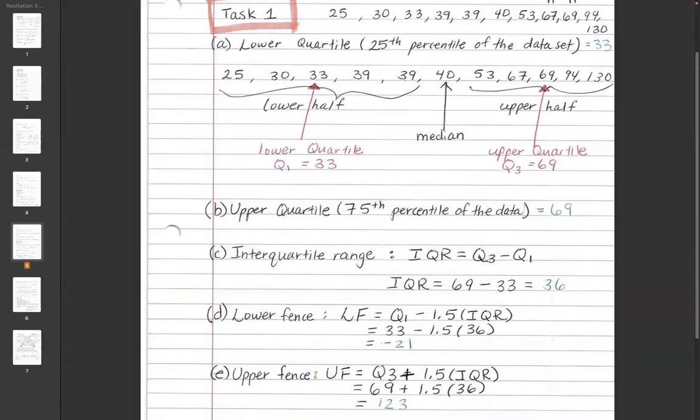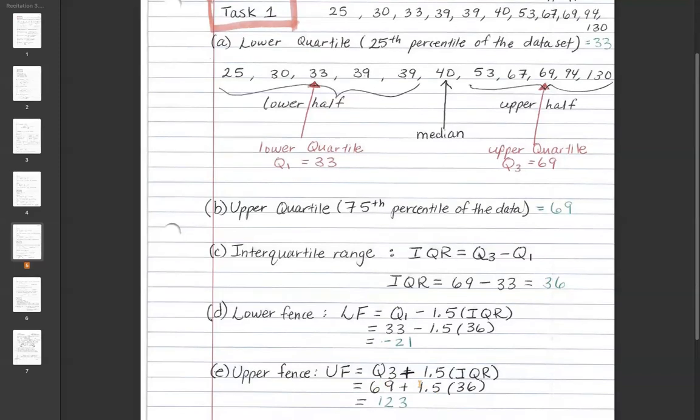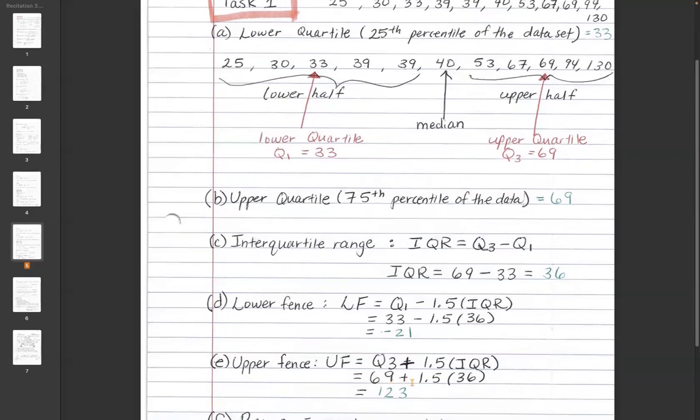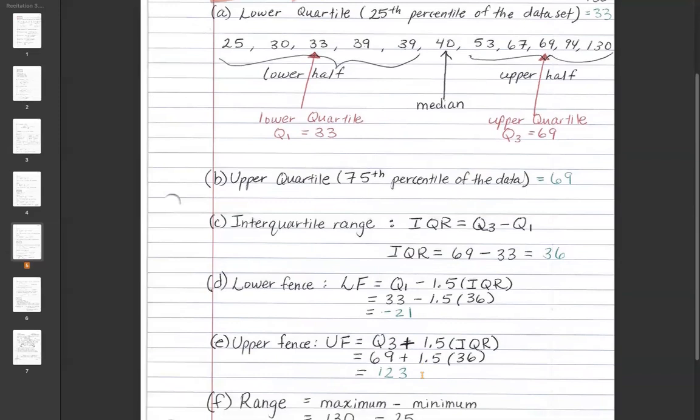And then for the upper fence, instead of quartile 1 this time, you're going to take the upper quartile, quartile 3, and add 1.5 times the interquartile range. The interquartile range, like we said, was 36, and this time our upper quartile is 69. So when you do 69 plus 1.5 times 36, you get 123.